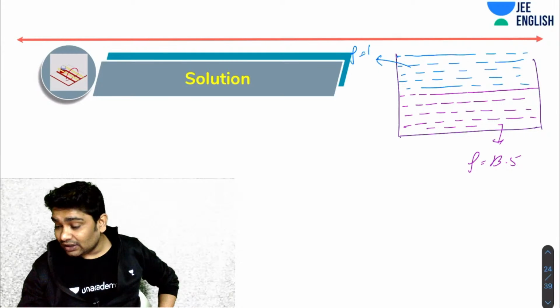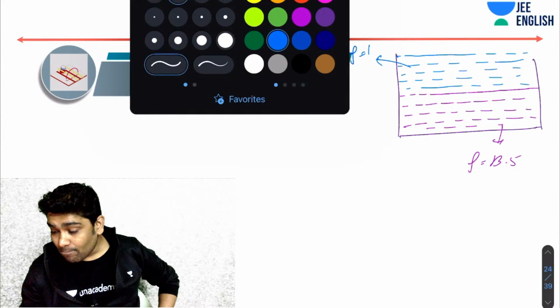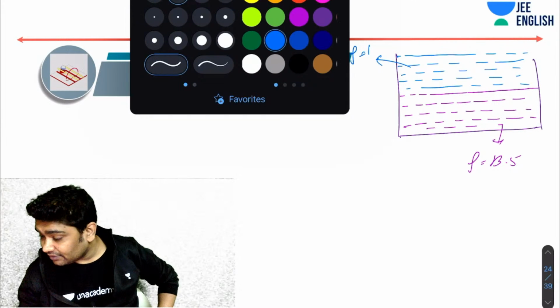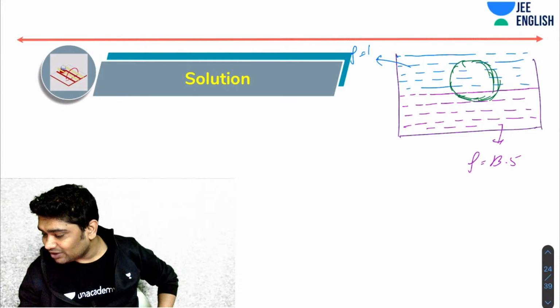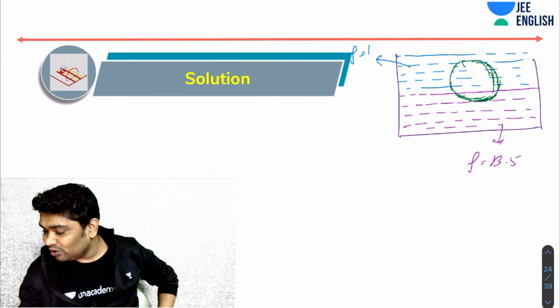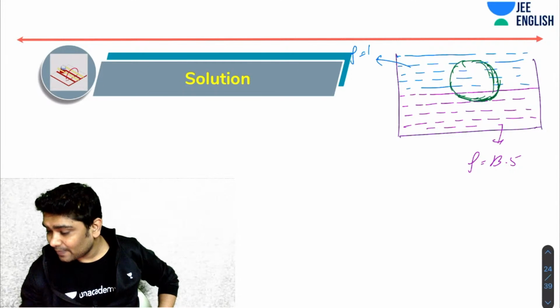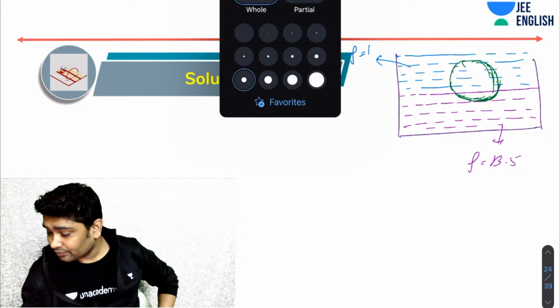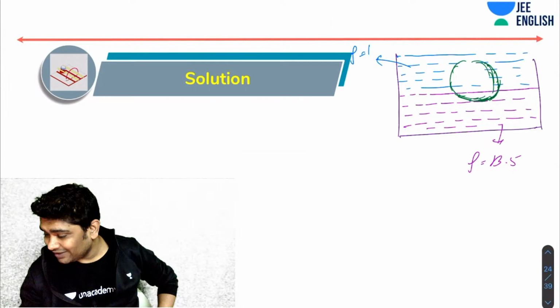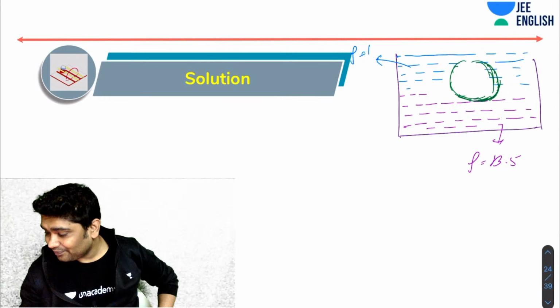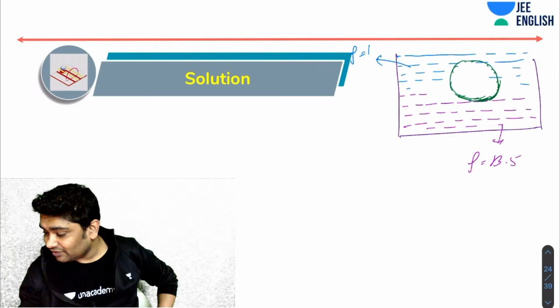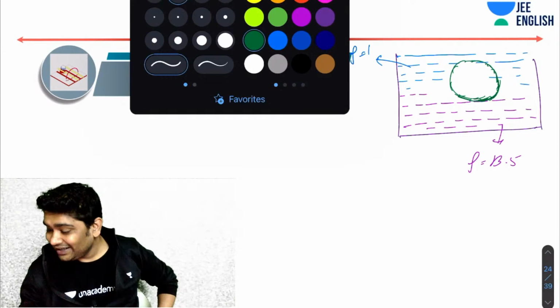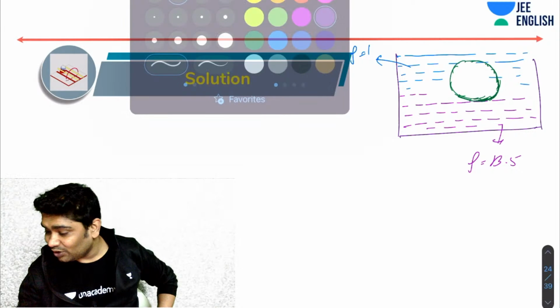Now you've been told that you have placed a sphere inside it, such that when it floats, it has 1/5 of the volume inside mercury. Here is your floating sphere. This floating sphere has 1/5 of its volume inside mercury and 4/5 of its volume inside water.